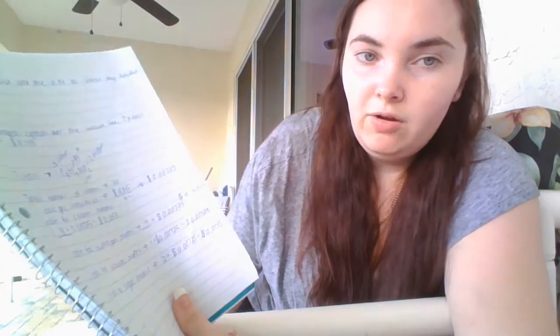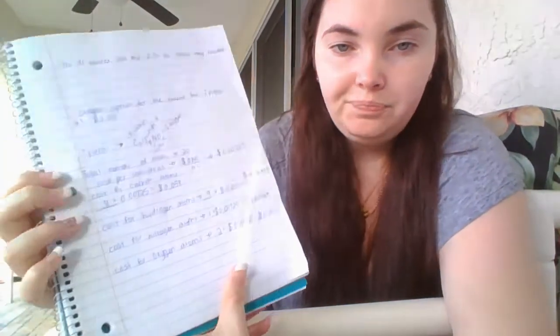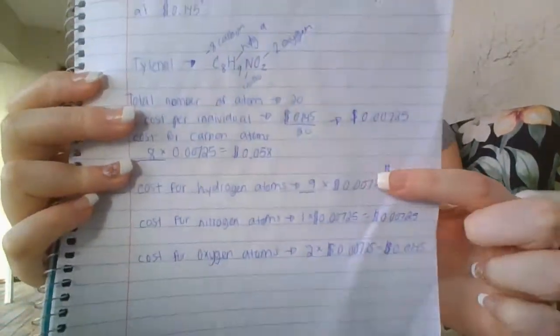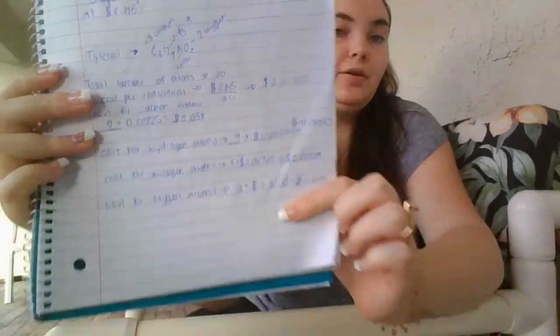So it would be 1 times 0.00725, which would equal the same thing, 0.00725. And the cost per oxygen, there's 2 oxygen in Tylenol. So you do 2 times 0.00725, which would equal 0.0145. So right here is the total cost for the chemical formula. And that's it.